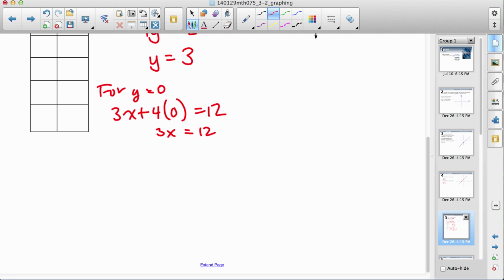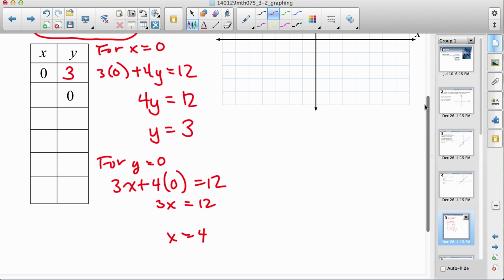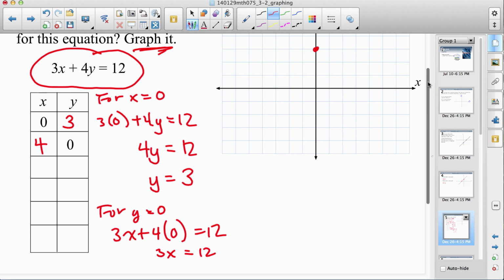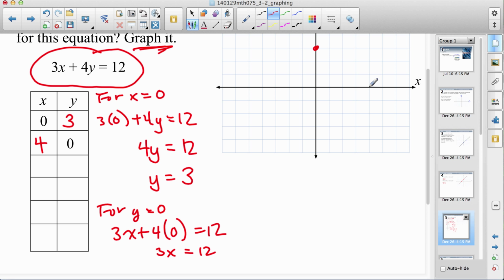Divide both sides by 3, I get x equal to a positive 4. So when I plug a 0 in for y, I get x equal to 4. So my point is over 4 and up and down 0. There's my point. Now I can draw my line. Something like that.